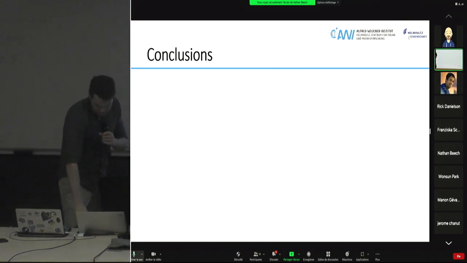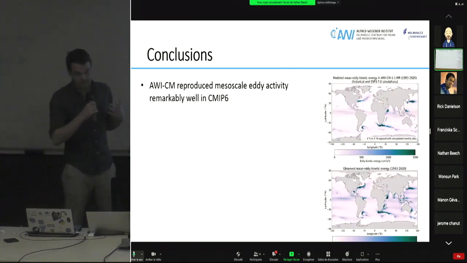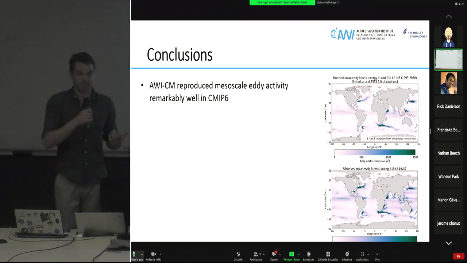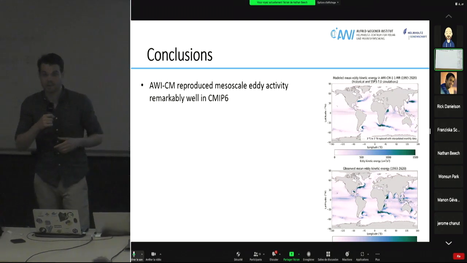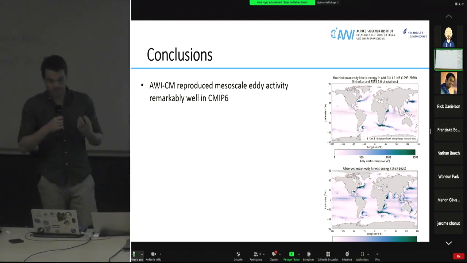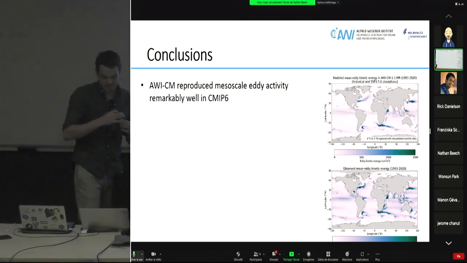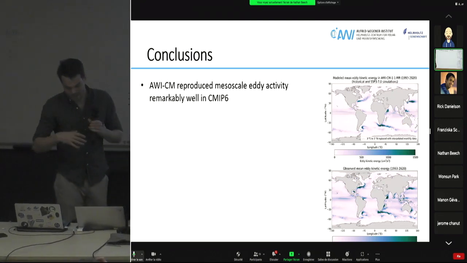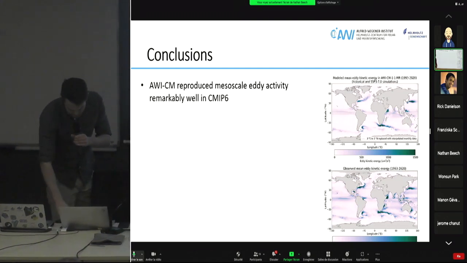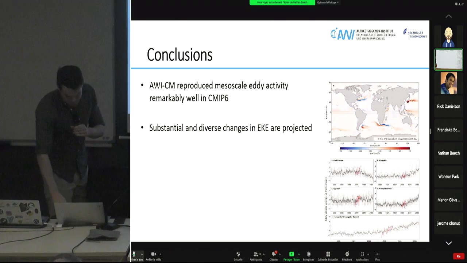So to conclude, I think what's really remarkable here is that AVICM was able to reproduce mesoscale eddy activity in the context of CMIP6. So these are really intense simulations, and by distributing computational resources efficiently, we were able to simulate that activity.